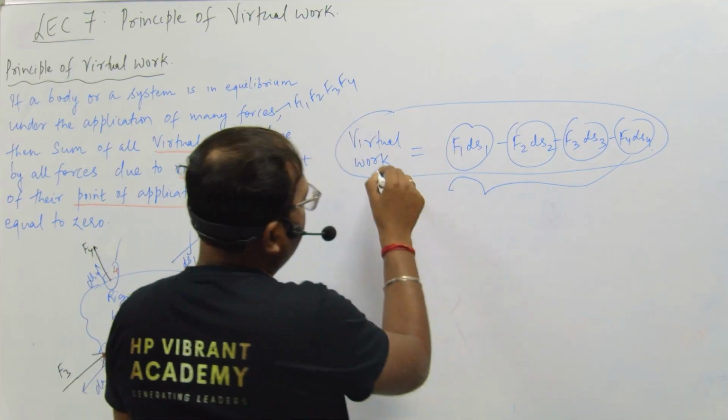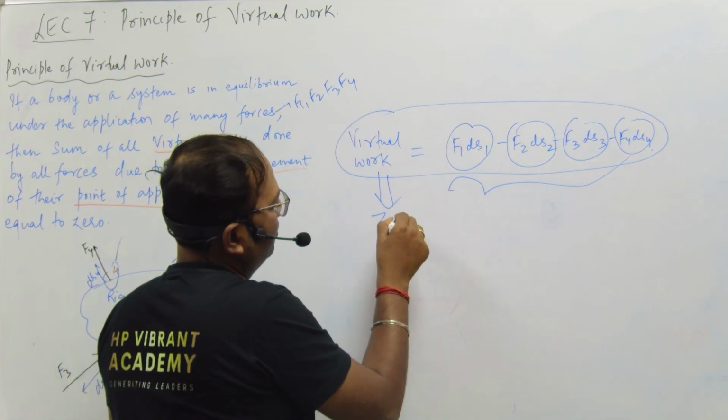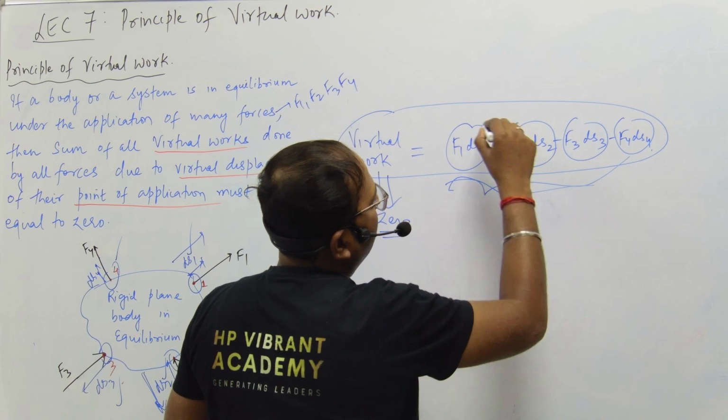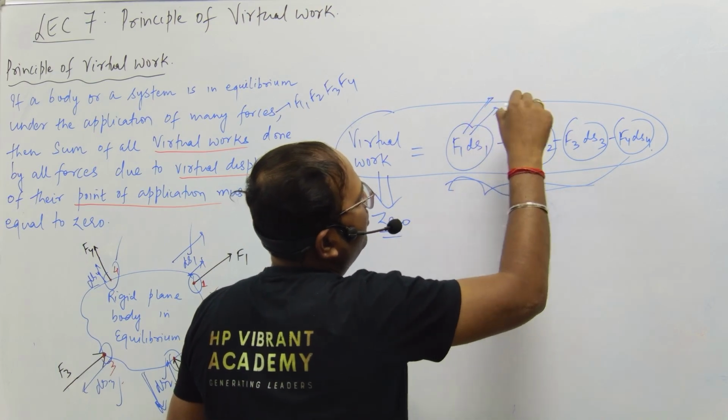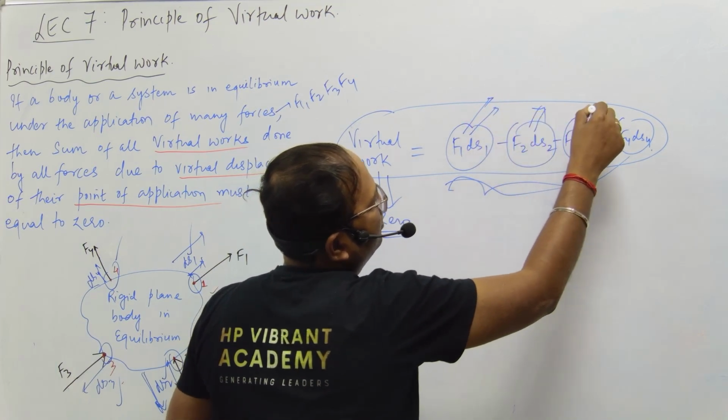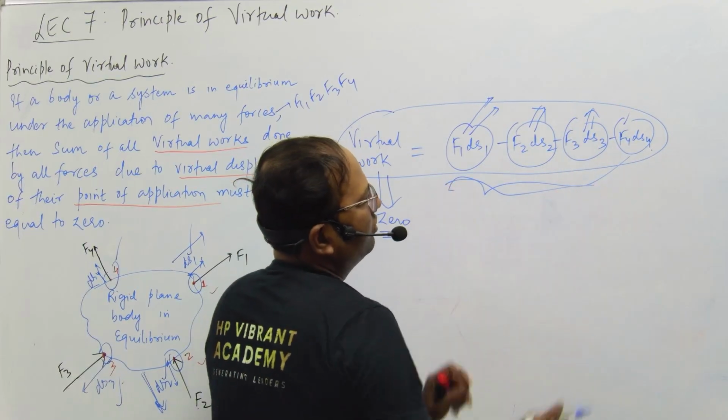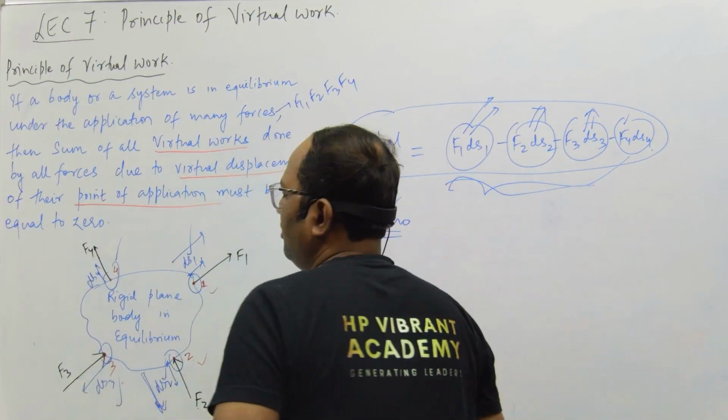So this sum of the virtual works is equal to 0. This is known as the principle of virtual work.